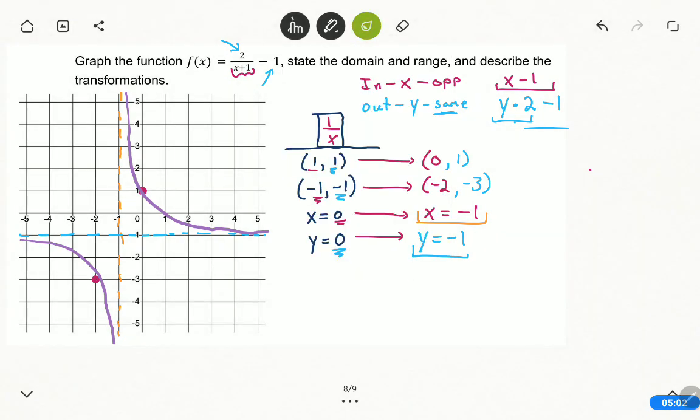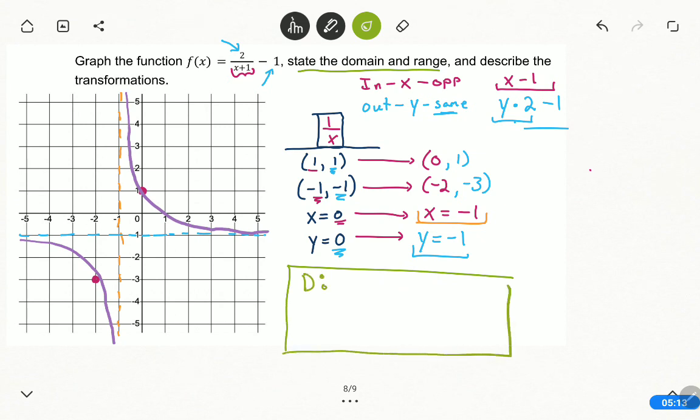We are also supposed to state the domain and range. Well, for reciprocal functions, domain and range is pretty easy. The domain is just everywhere the function exists besides the asymptotes. It exists everywhere but where those asymptotes are. So the domain is all real numbers, but x can't be the asymptote at negative 1.